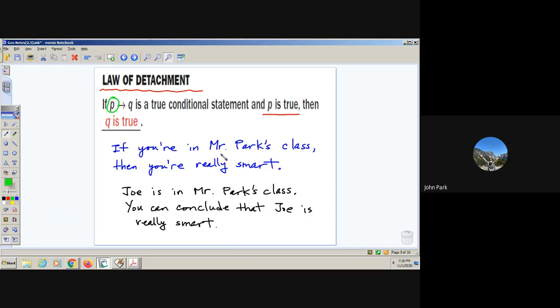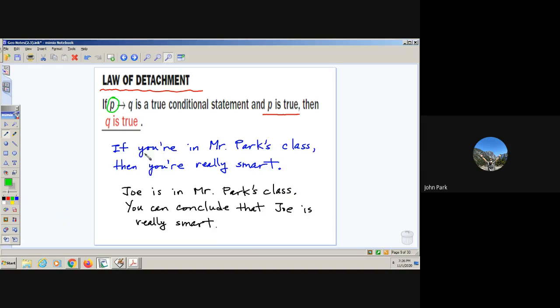So I have an example here, a sentence that you're familiar with. If you are in Mr. Park's class, that's the P, right? Then you are really smart, that's the Q, right? And then I say something about the hypothesis, which is you're in Mr. Park's class. So I give you information that this person, Joe, is in Mr. Park's class.